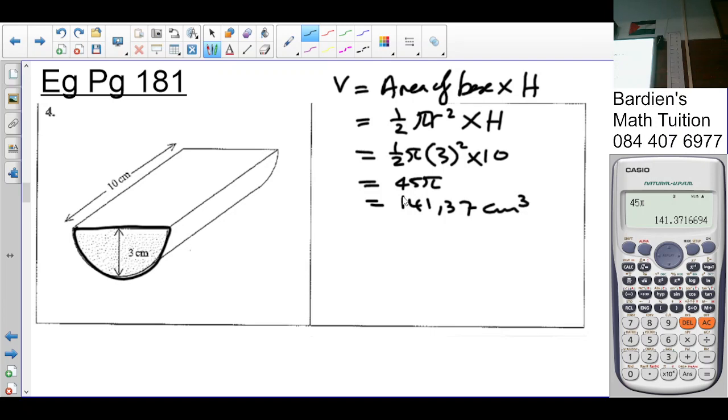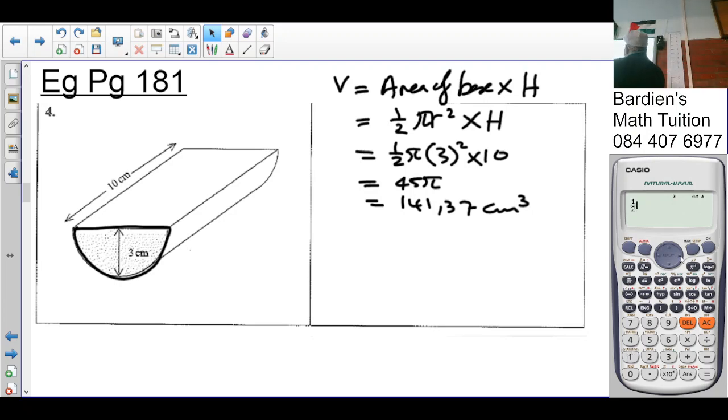Any confusion there? Yes, Michael? You got 35 comma. Okay, I might have made a mistake. So it's half pi times 3 squared times 10. I get the same answer. Did you punch this in the calculator as it is here? Aren't you supposed to take a half of this?